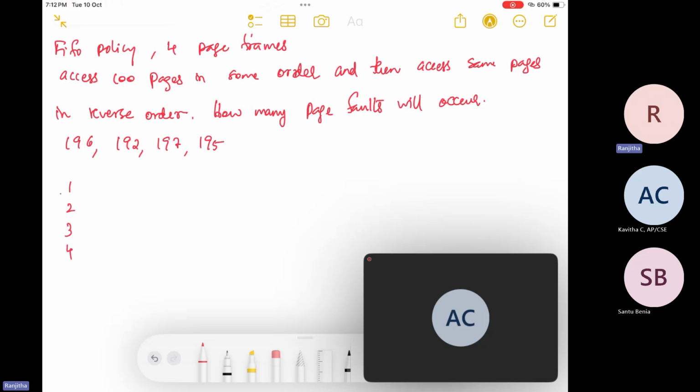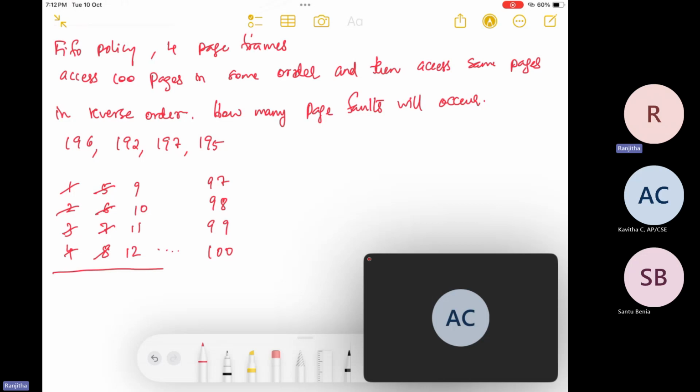Initially, 1, 2, 3, 4 will be brought in. Then 1 will be replaced by 5, then 6, 7, 8, 9, 10, 11, 12, and this goes on until some pages are replaced and 97, 98, 99, and 100 come in.